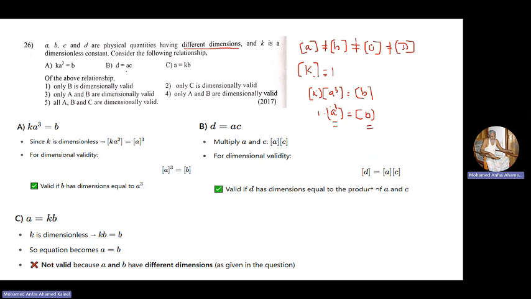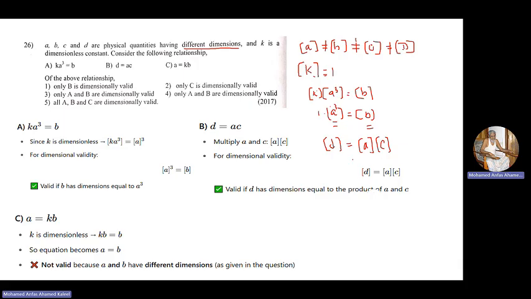Then what about D is equal to AC? The dimension of D is equal to the dimension of A into the dimension of C. This is also possible.